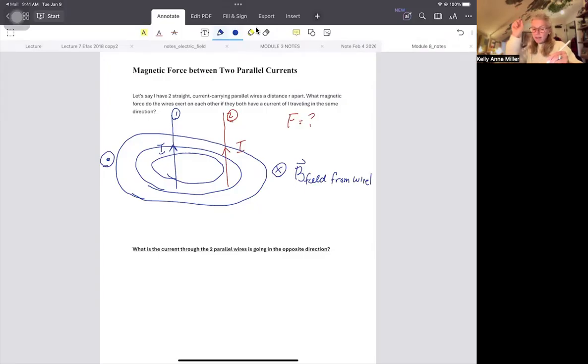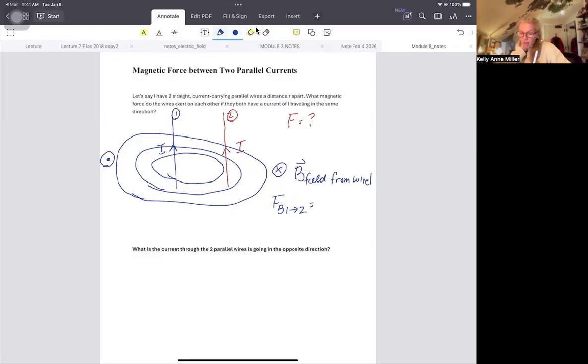Okay. And then the second step is to say, I want to know what is the magnetic force of wire 1 on wire 2, right? Wire 2 is feeling the magnetic force from the magnetic field generated by wire 1. Okay.